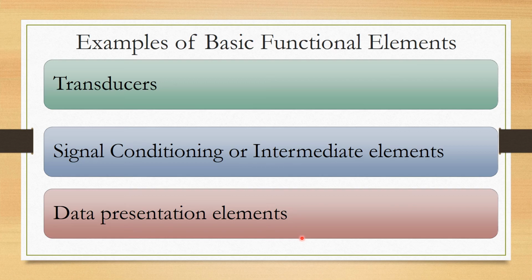So it needs to be displayed. For that, there are different types of arrangements like a pointer and scale arrangement. Then these days you will find display on some screen. So different types of display elements are there. All this display work will be done by the data presentation element.